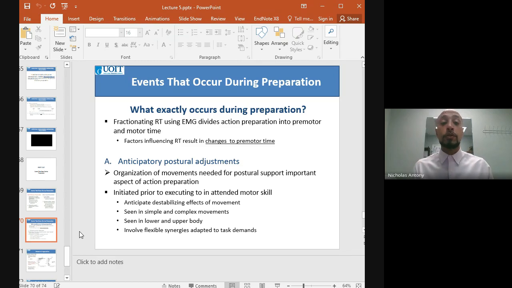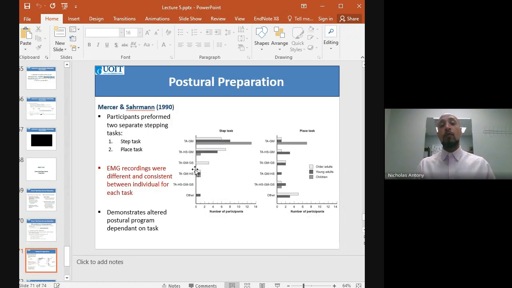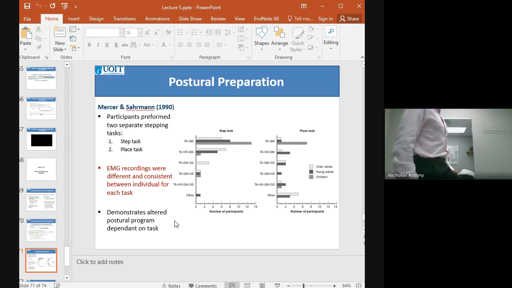Looking at it from a motor control perspective, this is based on motor control research that I was involved in. We're looking at the activation of muscles when a motor task is being completed. In this study, people had to place their foot on a step.